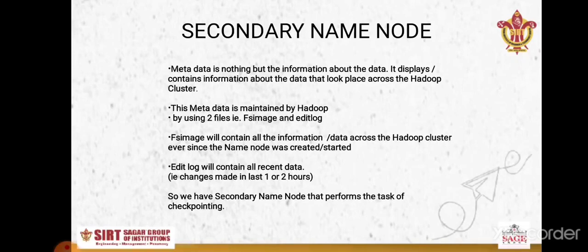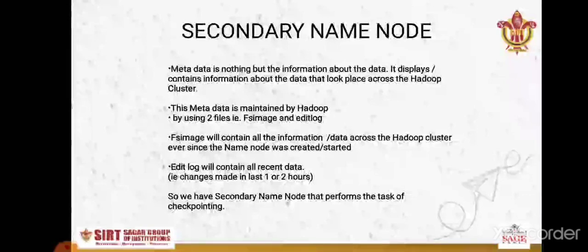fsimage is one file used by Hadoop for maintaining the metadata, and edit log is the other one. fsimage contains all the information about the data across the Hadoop cluster ever since the name node was created.